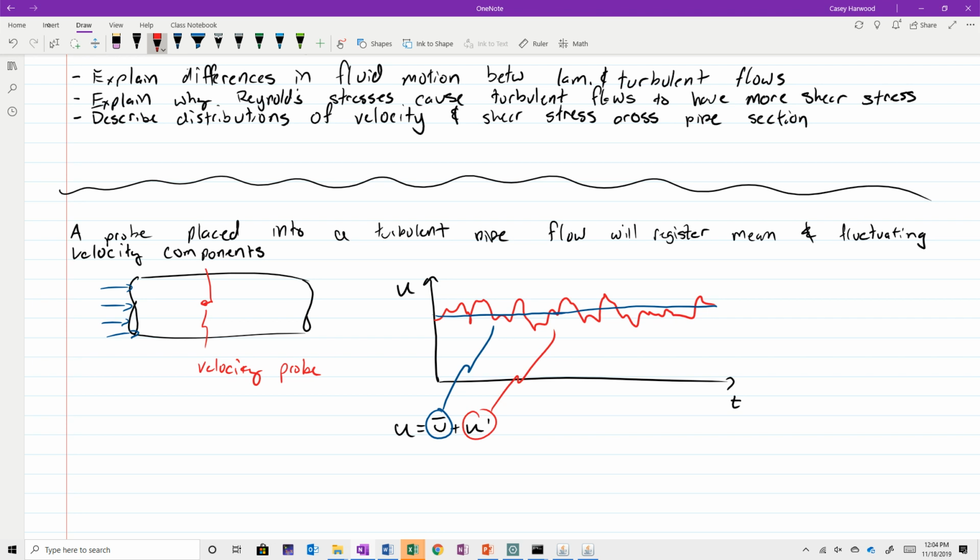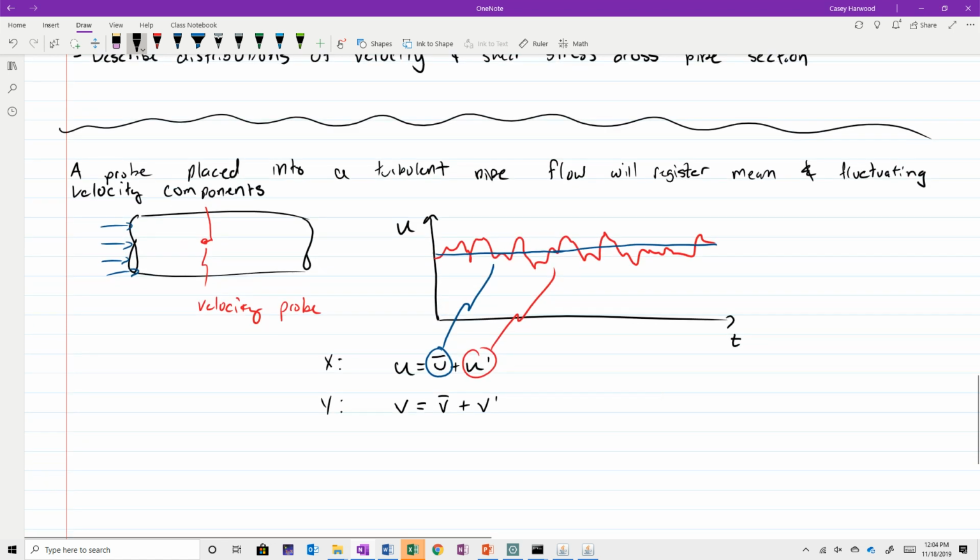If you were to take the average of this u prime, you get 0, because it itself is going plus minus, plus minus, plus minus, bouncing around the average. So it's the sum of these two things that gives you what the actual velocity looks like. This is the x component. In the y component, we'd have v equal to v bar plus v prime. And in the z component, we'd have w equal to w bar plus w prime.